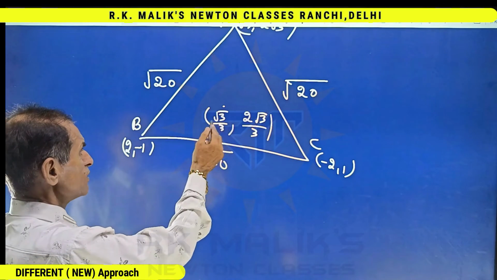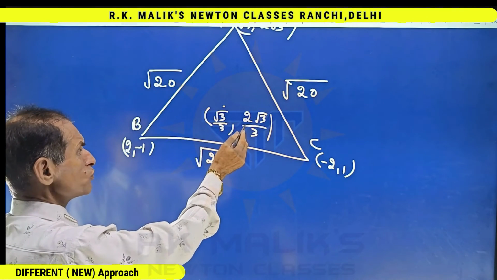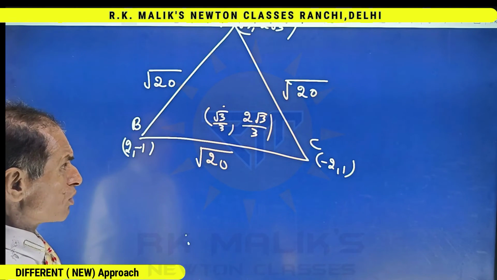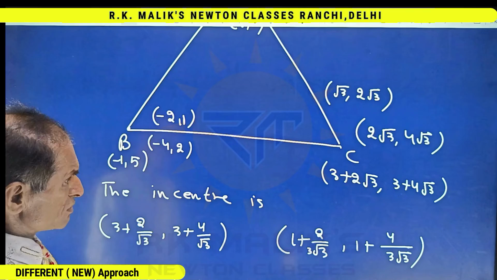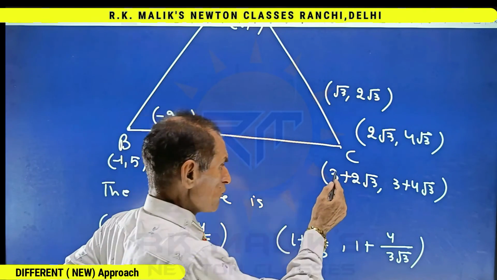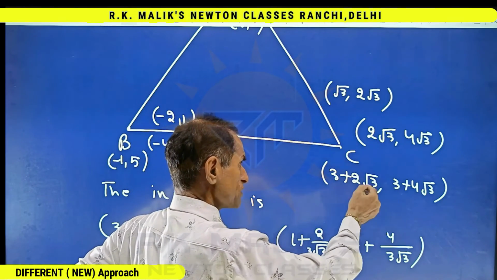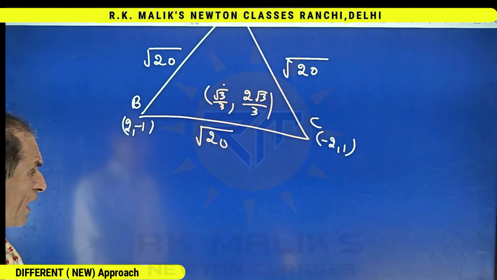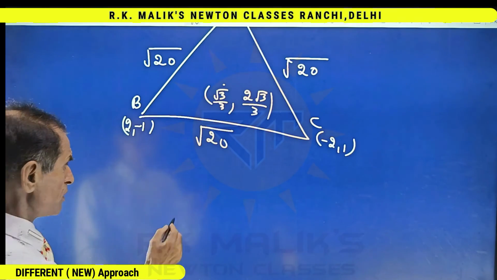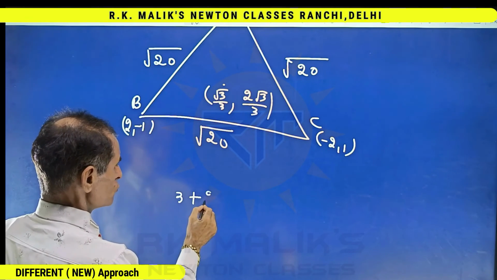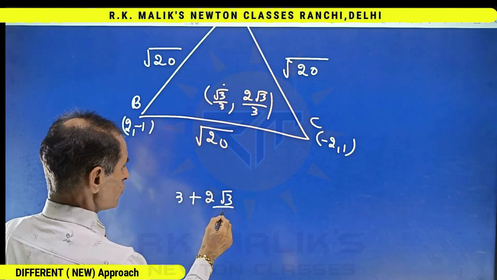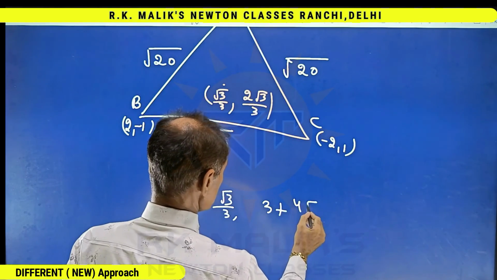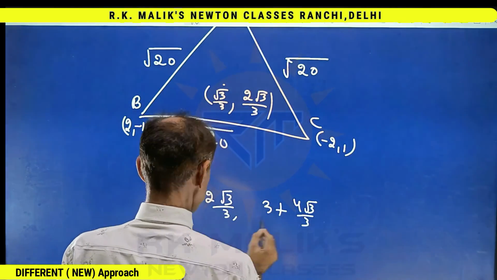Hence, first I multiply both of them by 2 and add (3, 3) to the x coordinate and y coordinate of this point, because try to recall that going from here to here I had subtracted (3, 3). Therefore, the original x coordinate, y coordinate of the incenter will be 3 plus 2 into √3 by 3 and 3 plus 4 into √3 by 3.